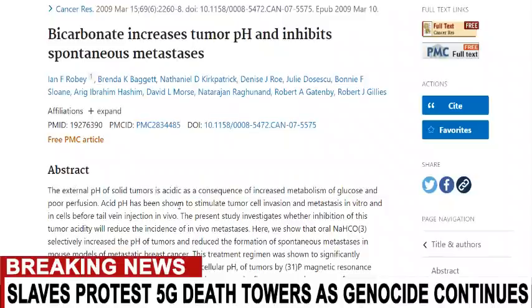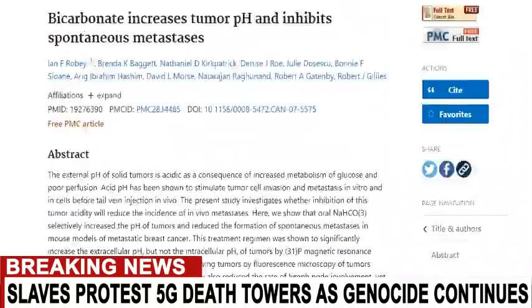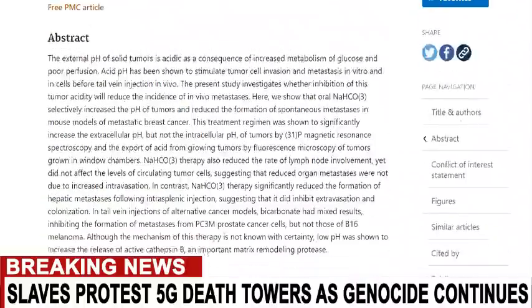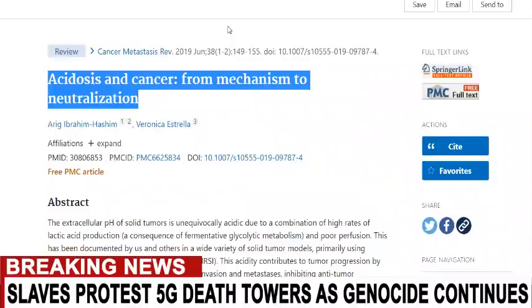Acid pH has been shown to stimulate tumor cell invasion and metastasis in vitro and in cells before injection in vivo. The present study investigates whether inhibition of this tumor acidity will reduce the incidence of in vivo metastasis, and we're going to have to find their conclusion in the full text, but essentially they found some positive consequences.